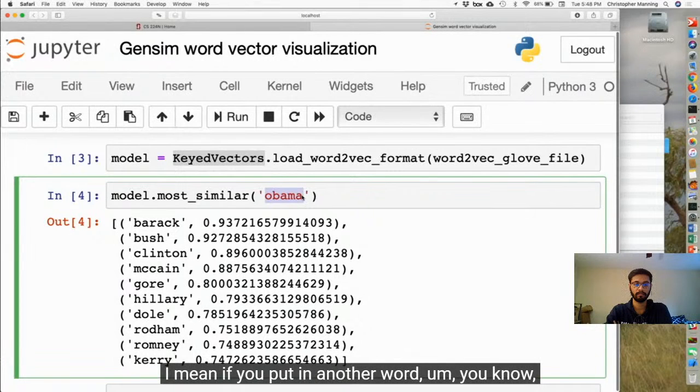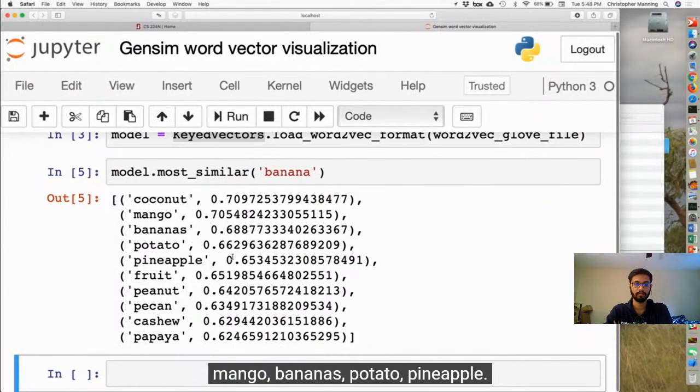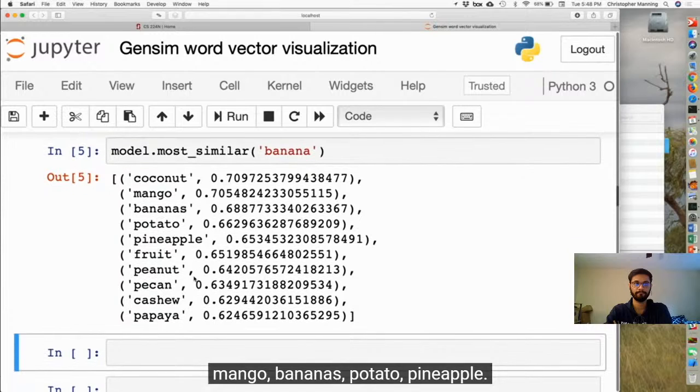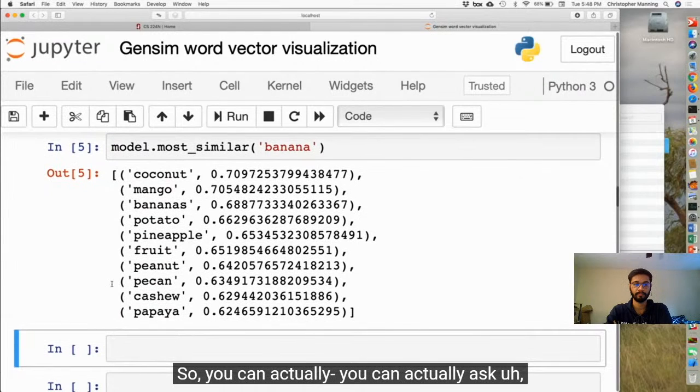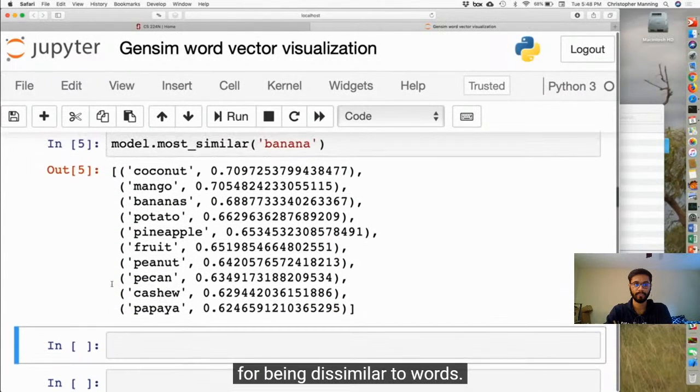You could put in another word, like banana, and we get coconut, mango, bananas, potato, pineapple. We get kind of tropical fruit. You can also ask for words dissimilar to a word, but by itself, dissimilar isn't very useful.